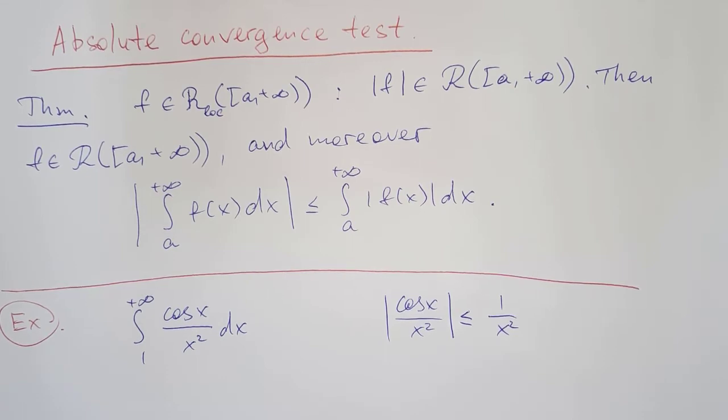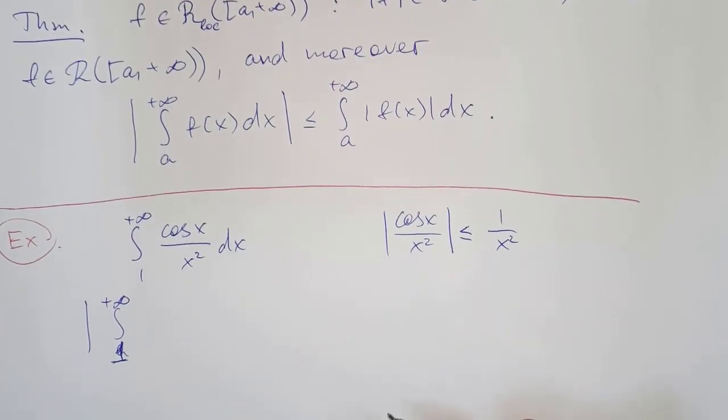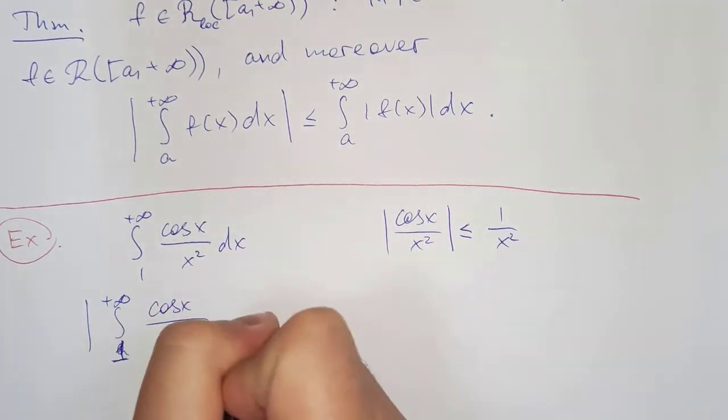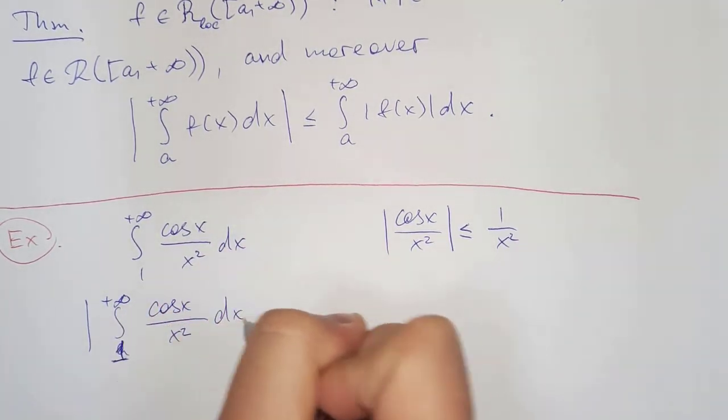So what do we have here? We have here the absolute value of the integral from 1 to plus infinity of cosine x over x squared dx.